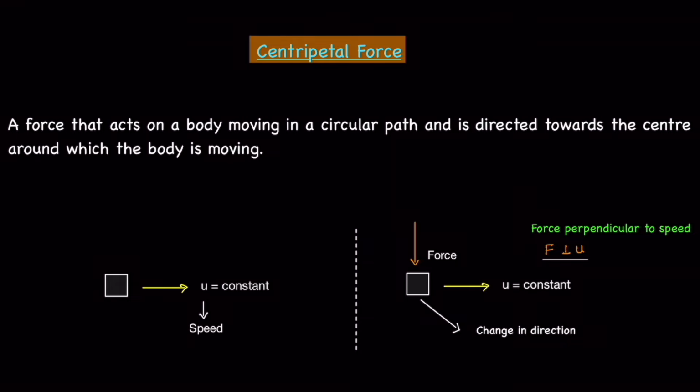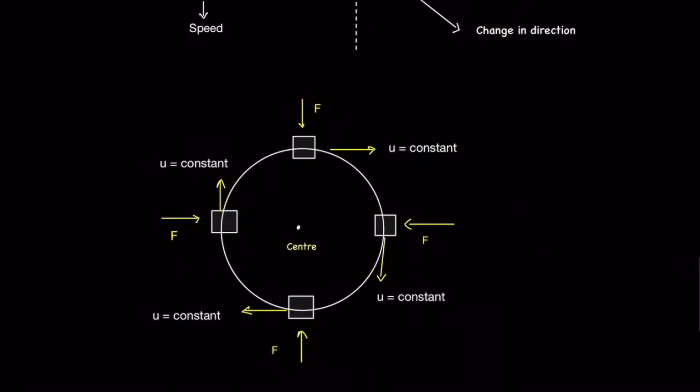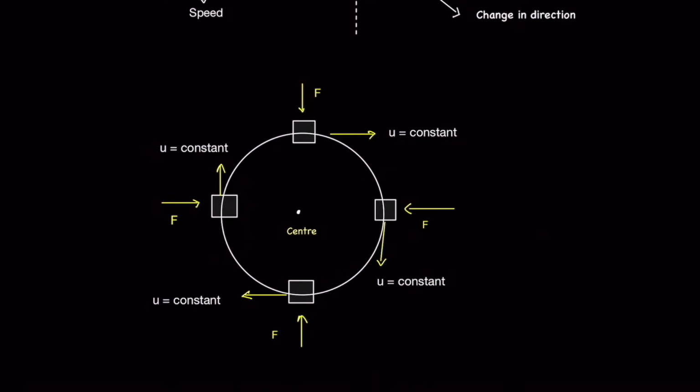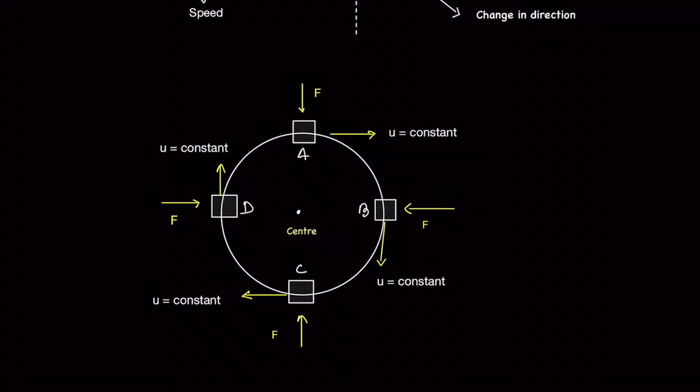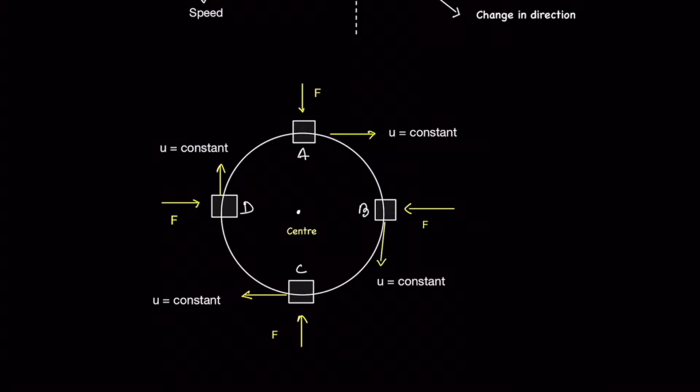If we continuously apply the force on the body, what will happen? In this figure, we took a few points, A, B, C and D. At A, the body was moving with a constant speed U and we apply a perpendicular force F, so the direction of the body changes. Again we apply force.